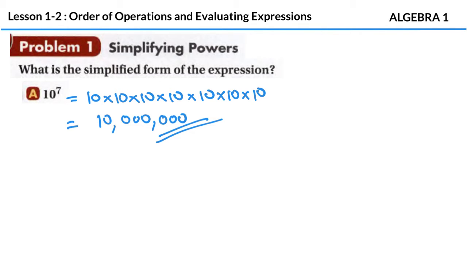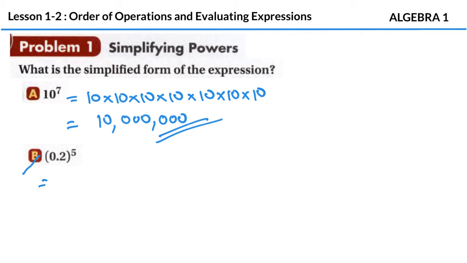Let's see what is the simplified form of 0.2 to the power 5. What is it? It is 0.2 multiplied by itself 5 times. What is the exponent over here? The exponent is 5. What is the base? 0.2.